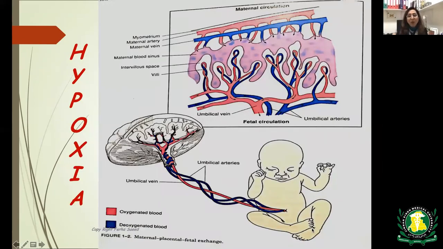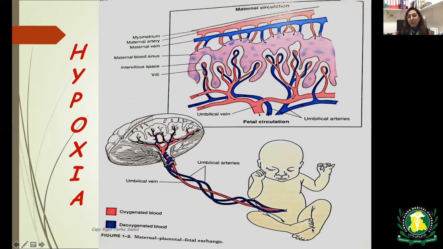If you recall, the placenta has a supply to the baby through the umbilical arteries and umbilical vein. So oxygenated blood goes towards the baby using the umbilical vein, and once the baby has utilized all the oxygen and nutrients, it comes back to the mother through the placenta, through the umbilical artery.